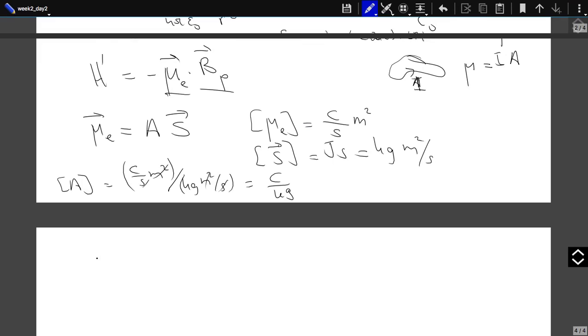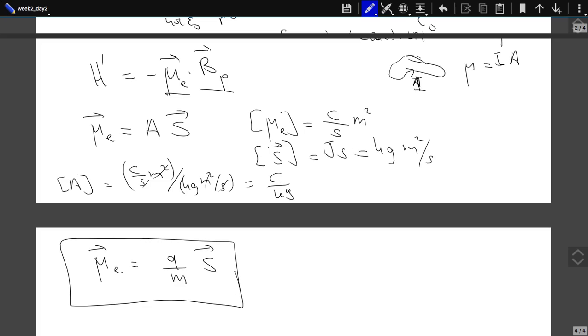Well, the easiest guess will be mu E is Q over M times S, which, by the way, turns out to be the correct expression for the electron. Well, the more precise way of writing this is mu E is equal to Q over 2M times GE times S, where this GE is called the gyromagnetic ratio.